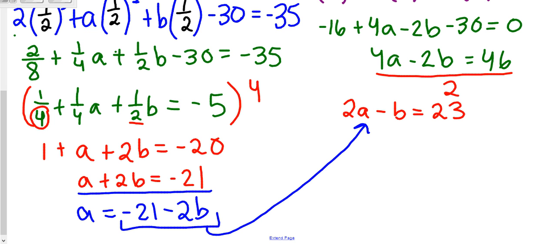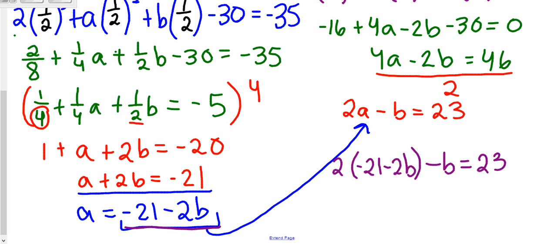So instead of a, I'm going to write negative 21 minus 2b. So I have 2 times a, which is now negative 21 minus 2b, and then I have minus b equals 23. Now that I have all b's, I can solve for b and get a value, and then I'll be half done with this problem, and all I need to figure out is a.